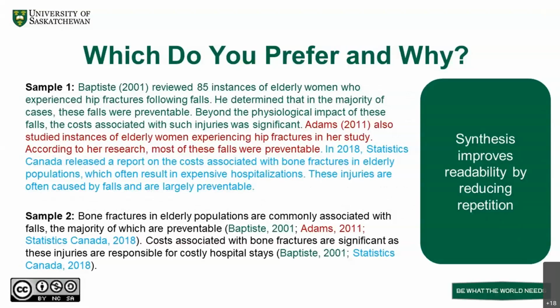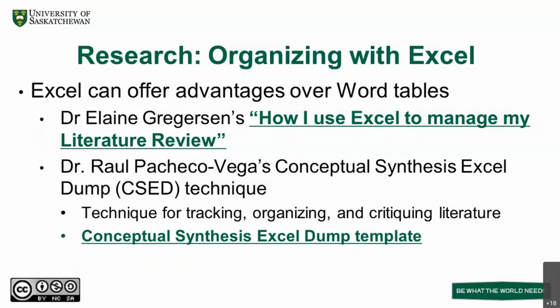Okay, so continuing with our discussion of the strategies that we can make use of to organize all that information. We sidestepped a little bit with synthesis. If you want to make use of Excel, this can be more effective for keeping information together and keeping it organized compared to a Word table.